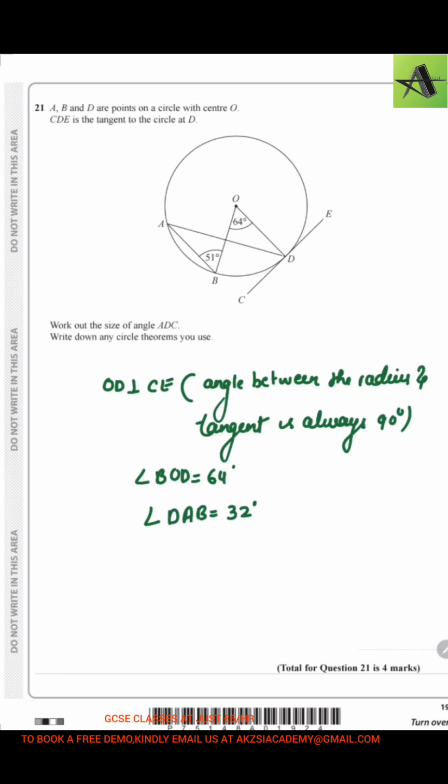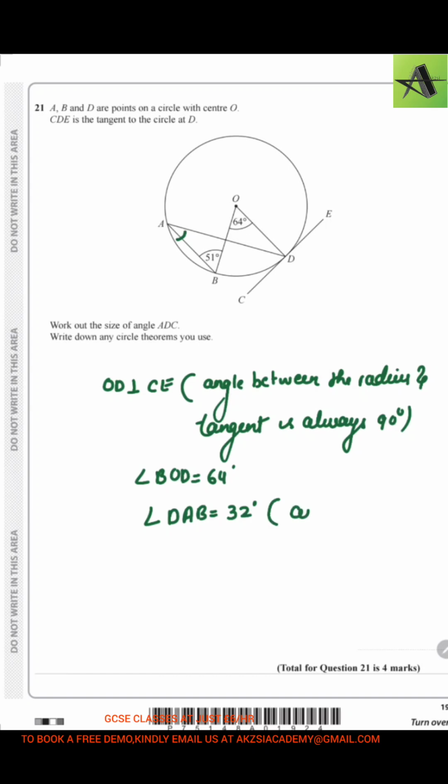Why? Because this is the angle subtended at the center by arc BD, and this is the angle subtended at the circumference by arc BD, and this is always half of the angle that is subtended at the center.